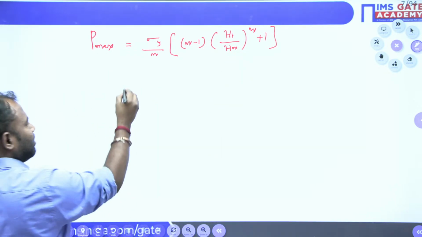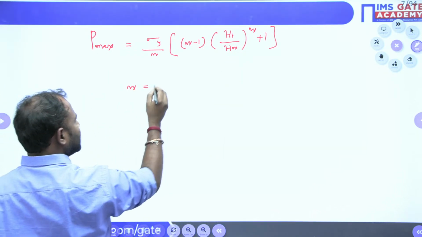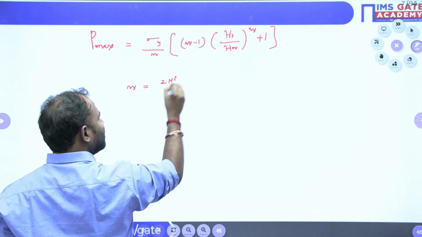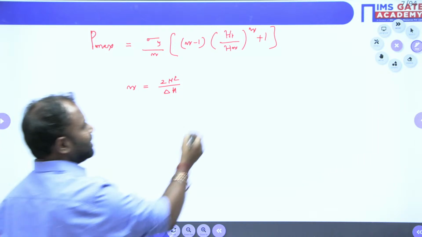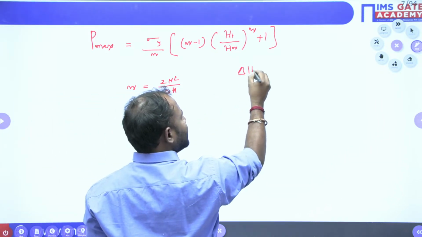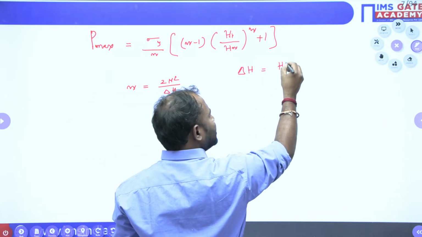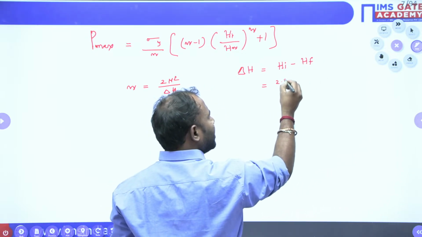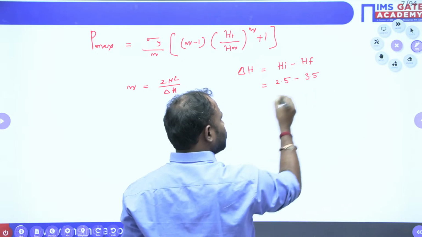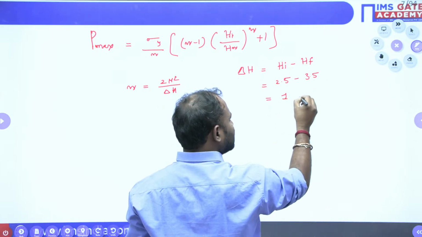So, what is n? n is equal to 2 mu L by delta H. So, what is delta H? Delta H is equal to H initial minus H final. So, H initial we know that is 2.5 minus H final is equal to 1.5, such that we are going to get it is 1 mm.